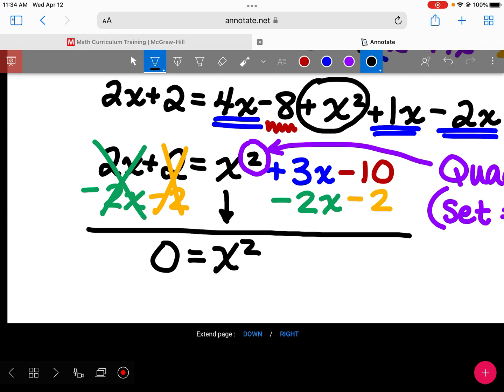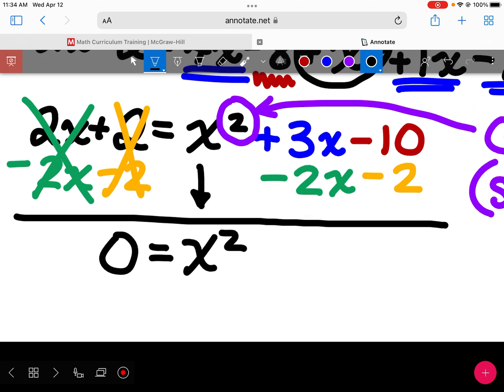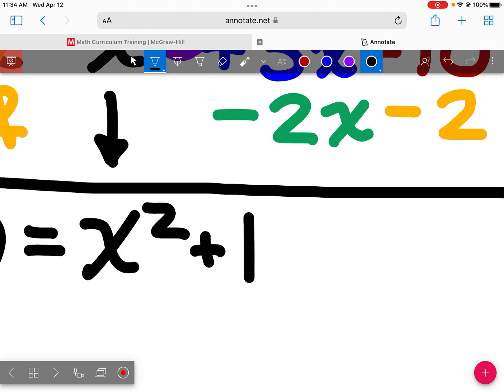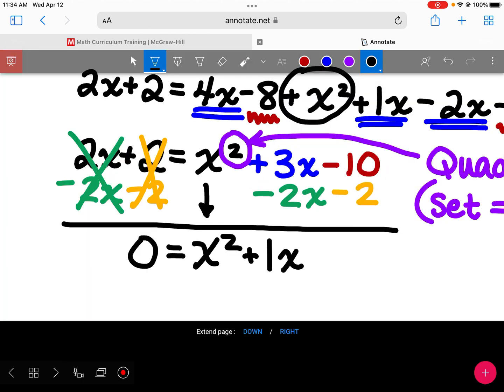What is 3x minus 2x? Positive 1x. I have 3, take away 2, so I have a positive plus 1x. Does my negative 10 have anything it needs to combine with? The minus 2 right there. What is negative 10 minus 2? Negative 12.